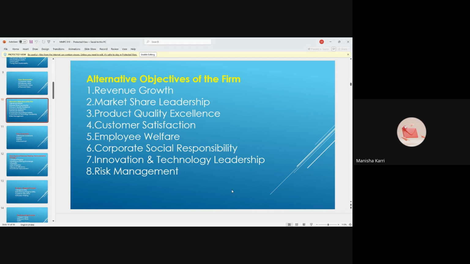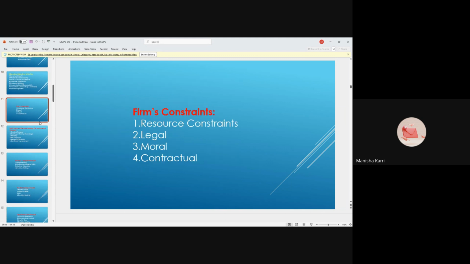Next, coming to the firm's constraints. Whenever a company makes any decisions, they generally take place under several restrictions or constraints, such as you can see here: resource constraints, legal constraints, moral constraints, and contractual constraints.